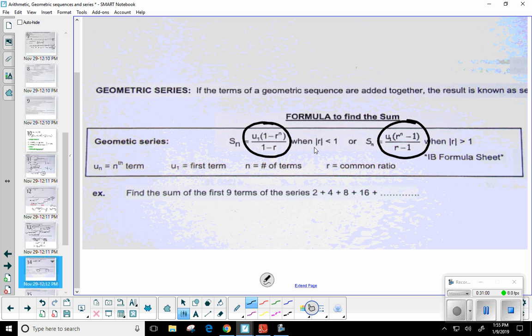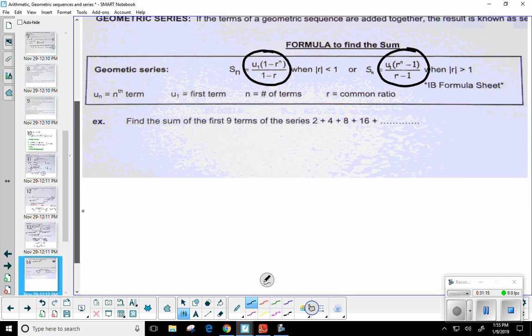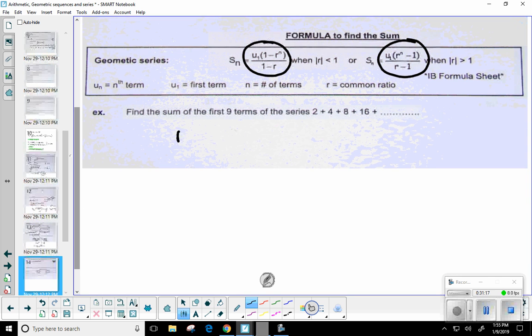Let's go ahead and get an example. Find the sum of the first 9 terms of the series 2, 4, 8, 16. First, in order to figure out what formula I want, I need that common ratio. So r is going to be to take one term and do what with the previous? Divide it.